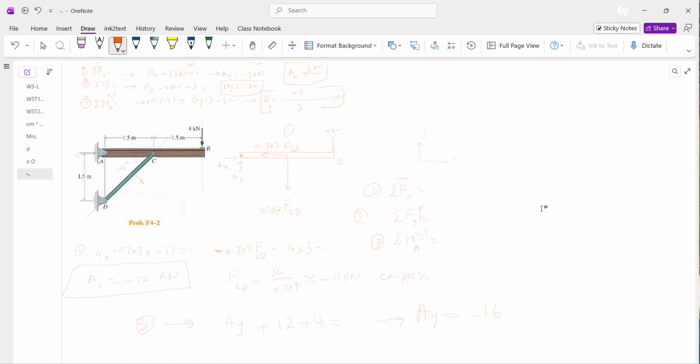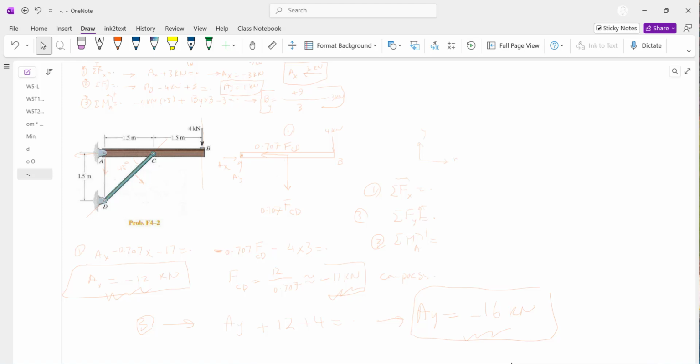That means Ay is not pushing this up, Ay is pulling this down. And as such, you manage to find all the reactions by solving the free body diagrams.